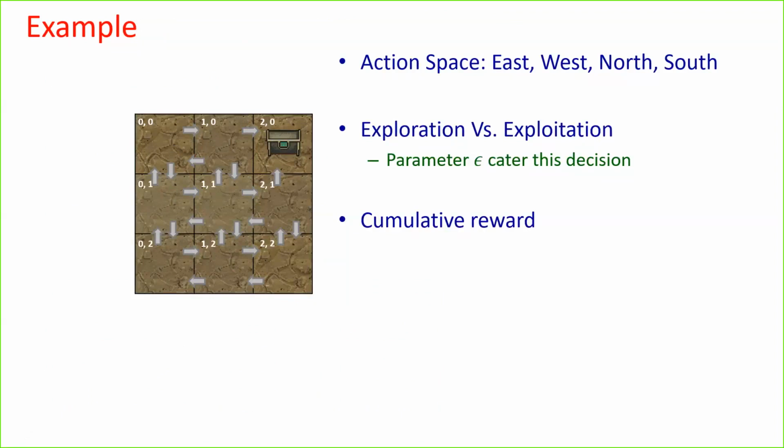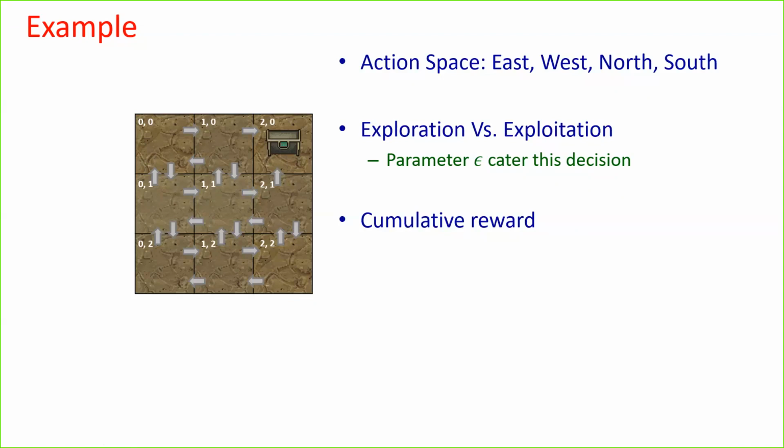The goal of the agent is to reach the chest location, or the treasure location. What are the possible actions? The action space is that the agent can move east, west, north, or south. So he can move in any of 4 directions. These are the 4 possible actions.